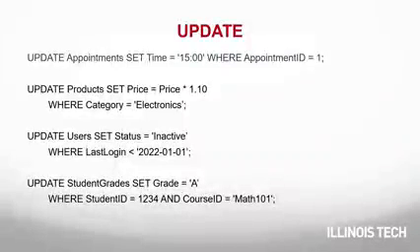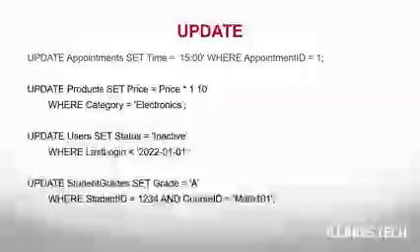We can say update products, set price equals price times 1.1, which is a computed value, computed from the current price, where the category equals electronics. So all rows where category equals electronics, the price will be updated to be 10% higher.